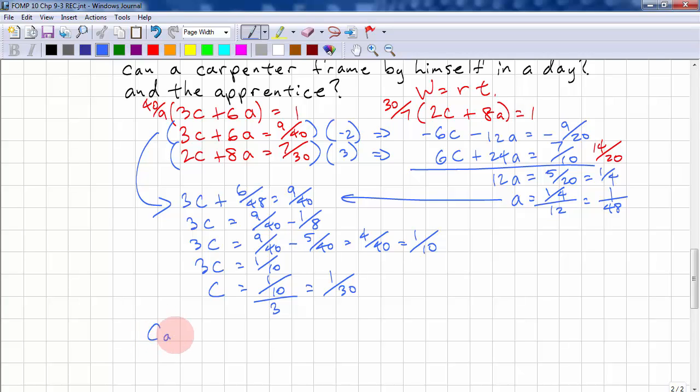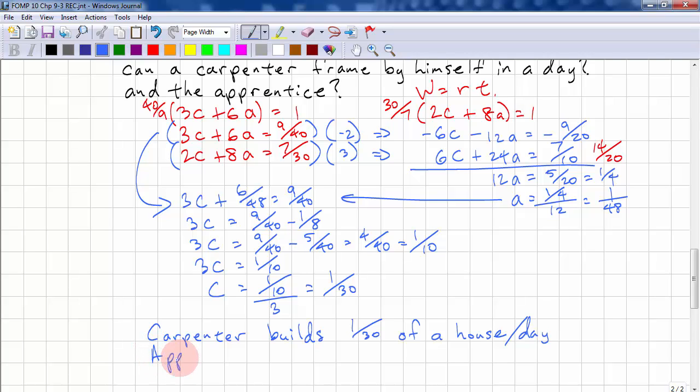So Carpenter builds 1/30 of a house per day.